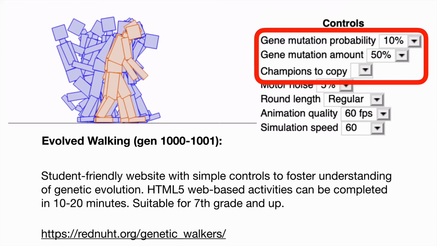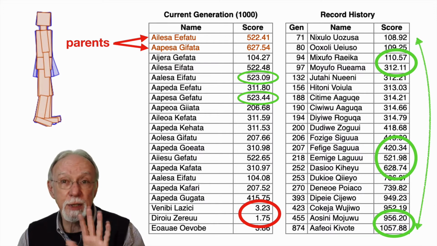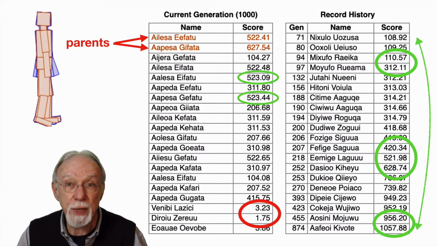What's the probability for each mutant? How severe is the mutation? And how many of the winners should be used as the gene providers for the next generation. The statistics collected during each generation are amazing. You can learn an amazing amount from them.